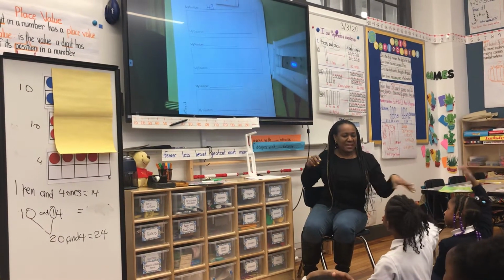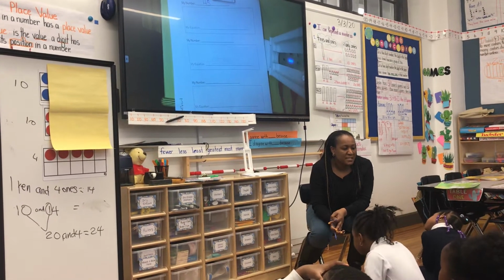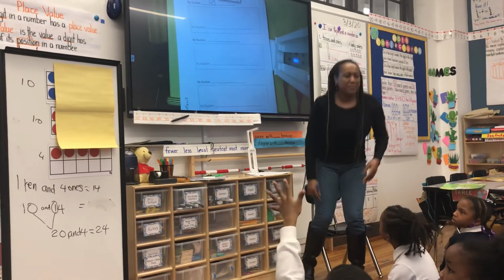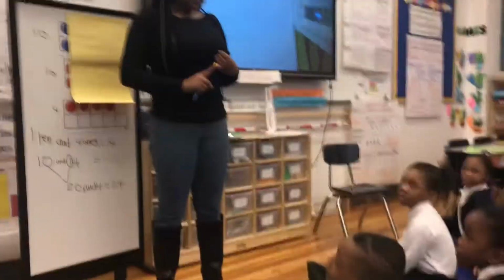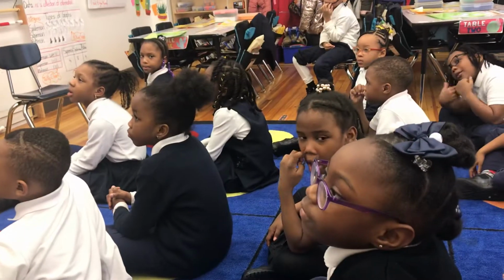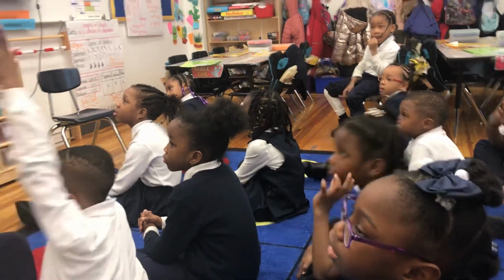At your table, who can repeat the steps to the game for us? Amani, what's the first thing we're doing? Pick a card and think how many tens, how many ones. What's the next step?